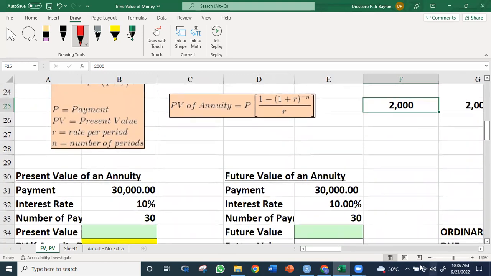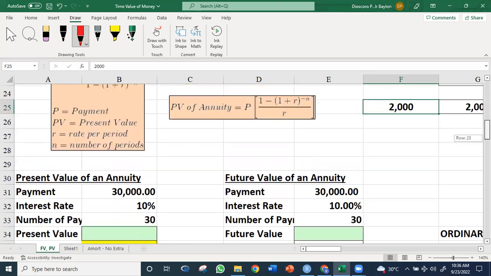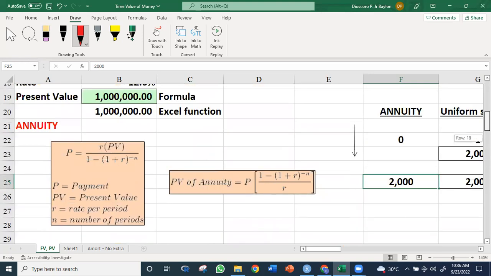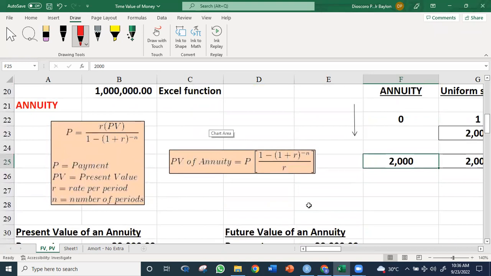All right. So first, let's compute for this one. We're going to use both the formula and the Excel function.